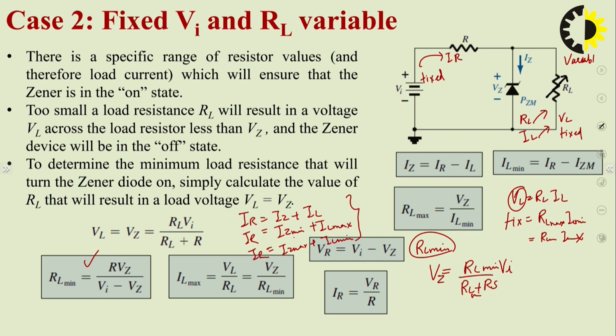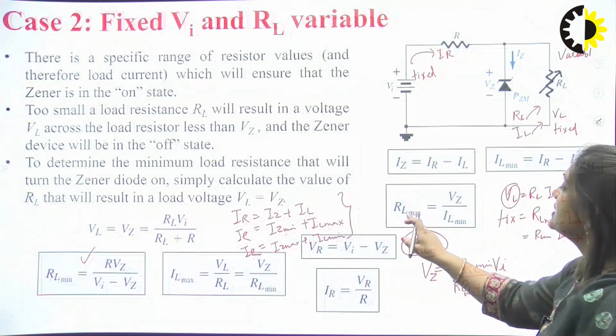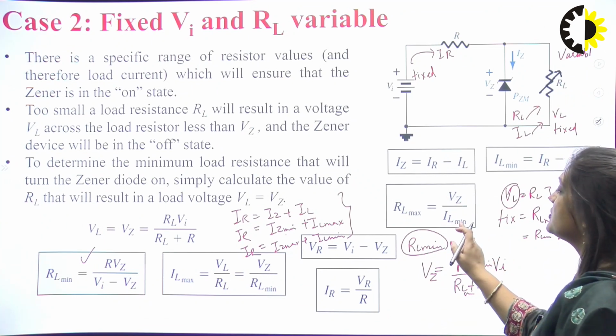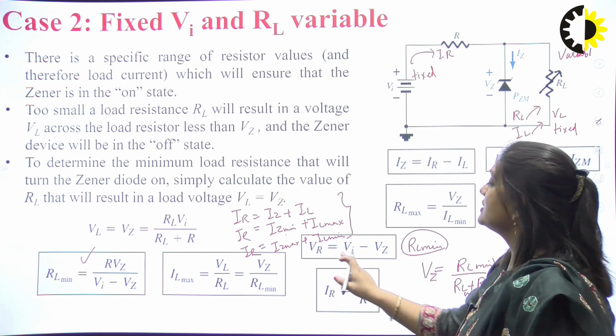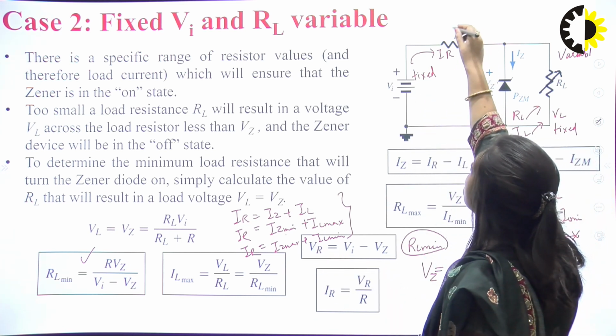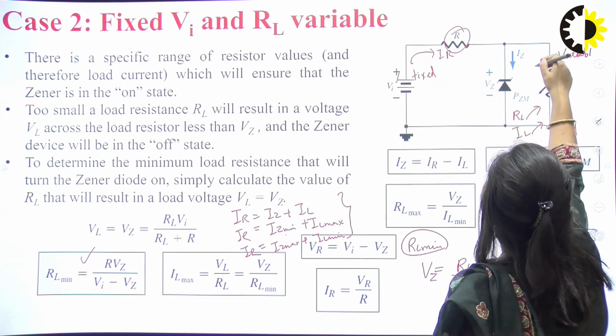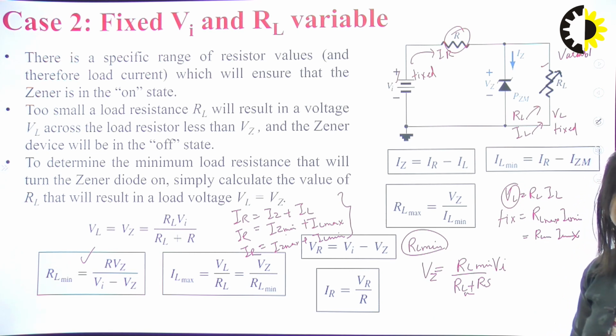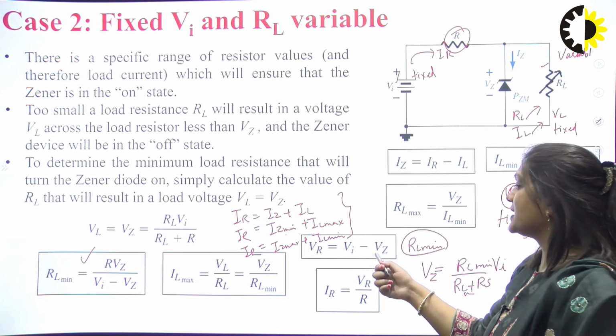Here we can calculate the value of IL minimum, and from this IL minimum we can find the value of RL max. RL max would be equal to Vz upon IL minimum. Now we can find the value of VR also. This VR would be equal to Vi minus VL, where VL is equal to Vz. We can also write Vi minus Vz.